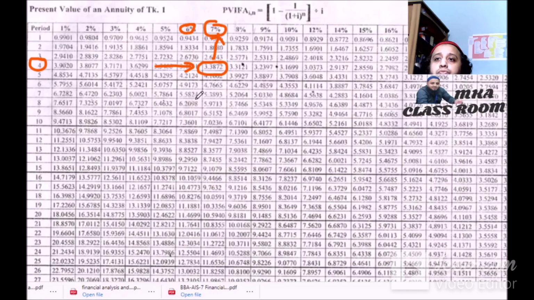So here you see in the end at the year 5 there is the value 4.2124. So that is near about our required value.